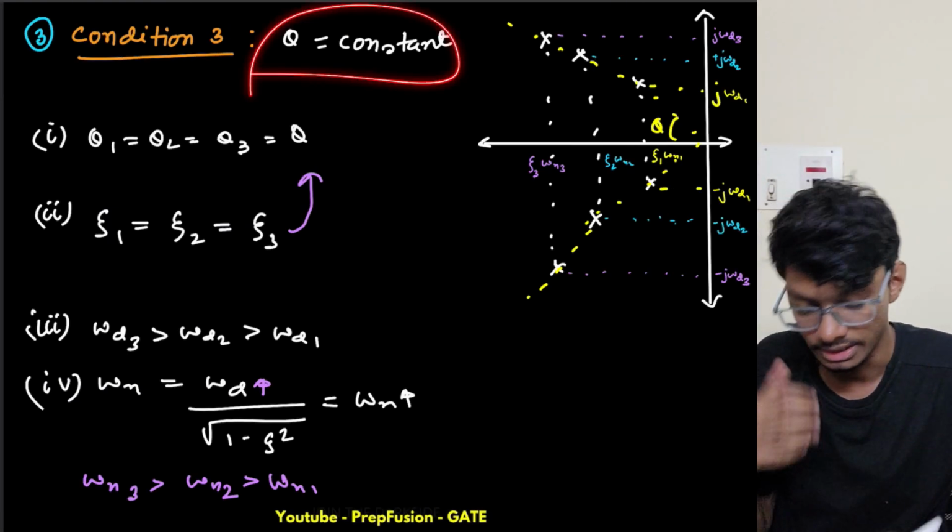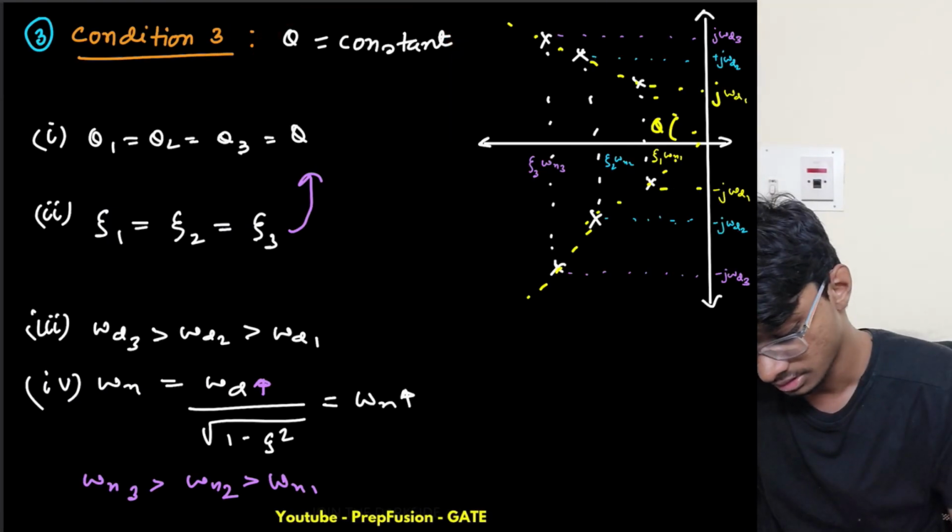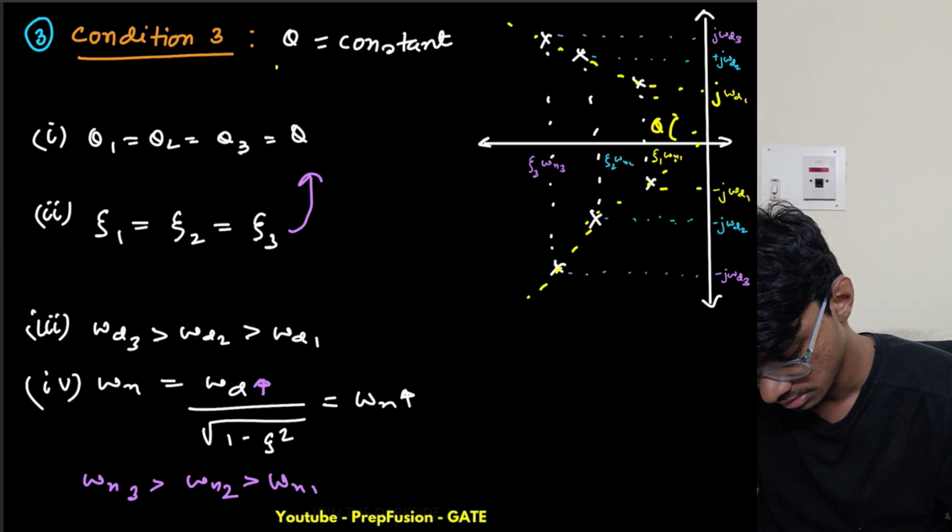But in this case, where theta is constant, this is known as the diagonal movement of poles.